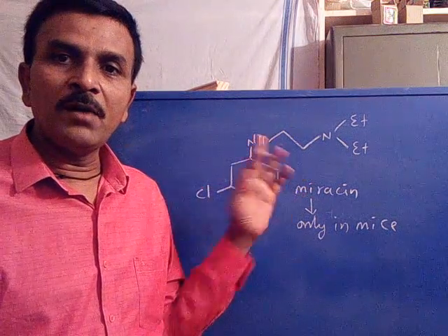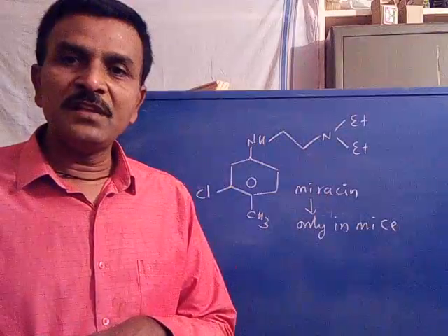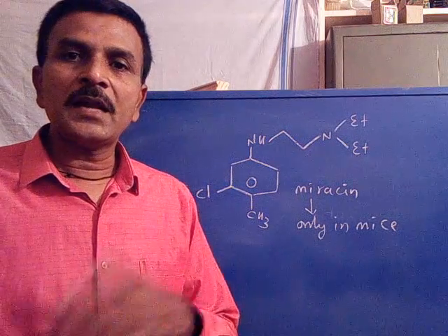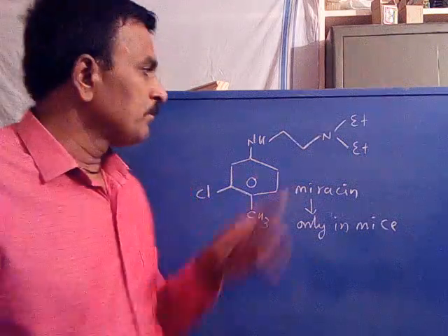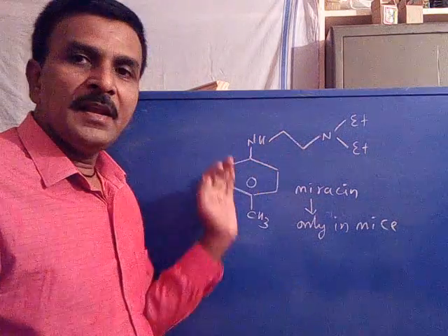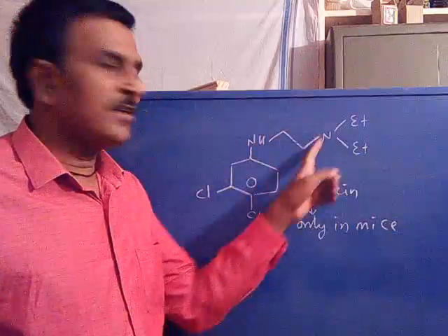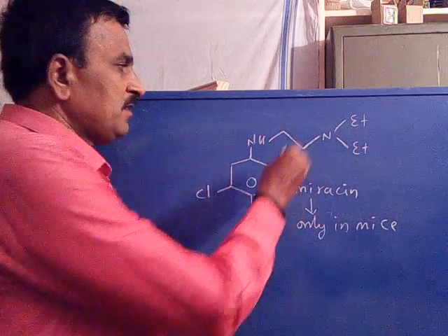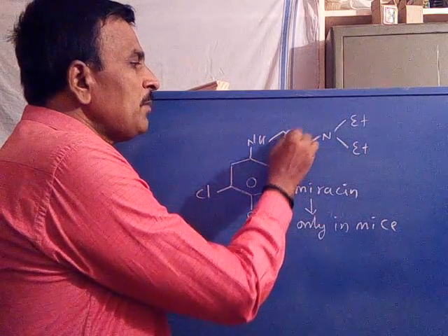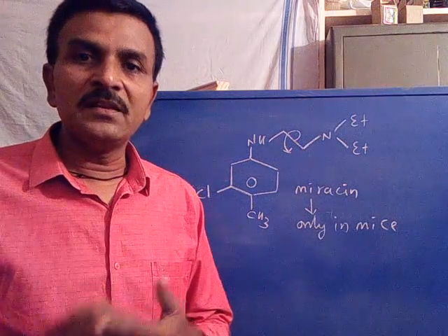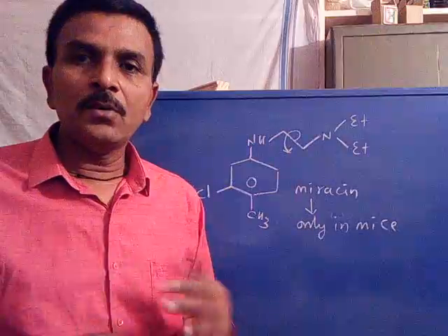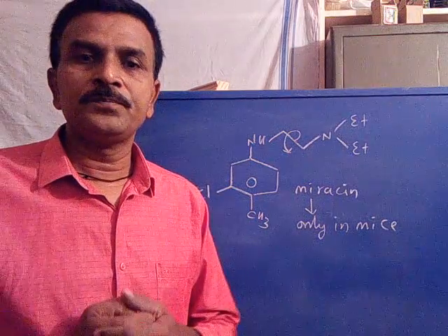There is a flexible bond. Due to the conformational changes, it is active only in mice, not in the human body. Myrcene has a flexible side chain. There may be rotation. So due to the rotational conformational changes, it was active only in mice, not in human.